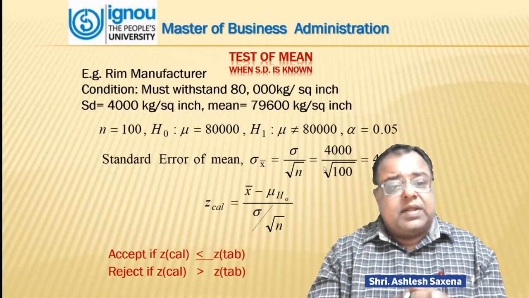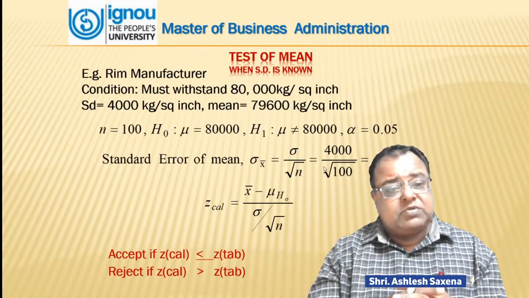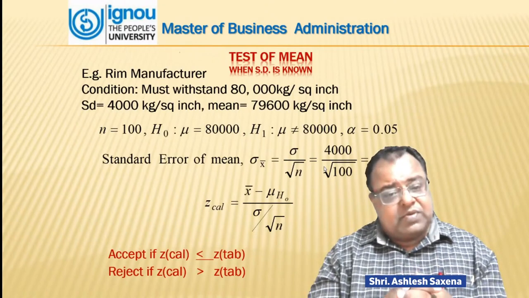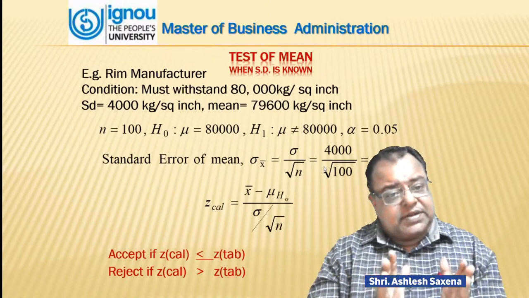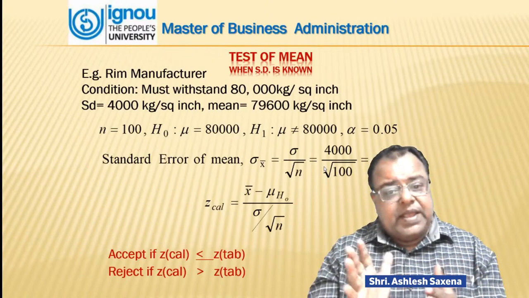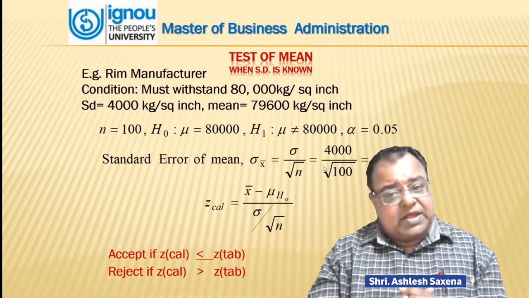The material must withstand 80,000 kg per square inch of load, the standard deviation is 4,000 kg per square inch, and the mean is 79,600 kg per square inch. N is 100. H0 is mu equal to 80,000, and H1 is mu not equal to 80,000.